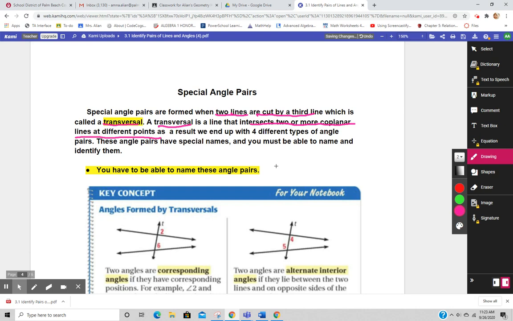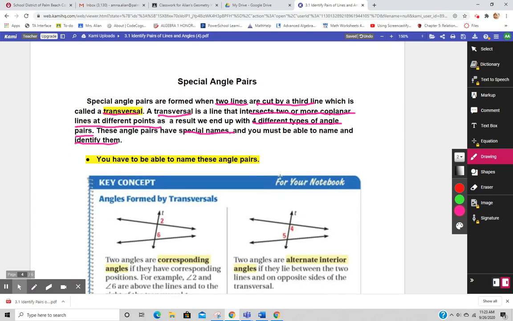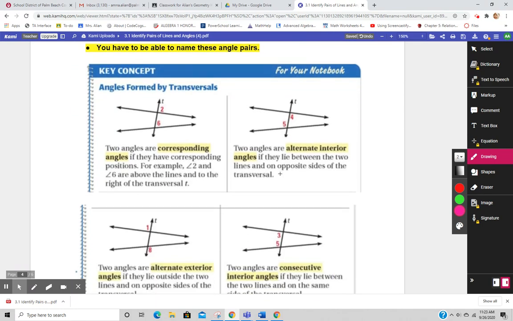As a result, we end up with four different types of special angle pairs. These angle pairs have special names, and you must be able to identify and name them. So let's look at these four different special angle types.